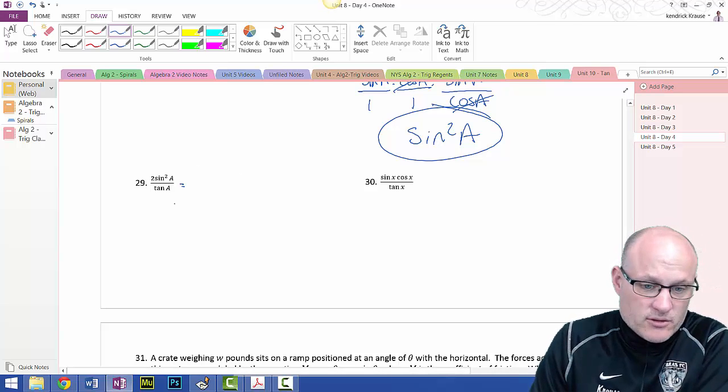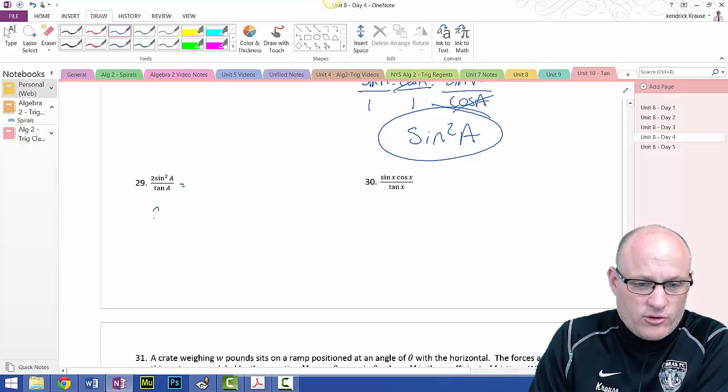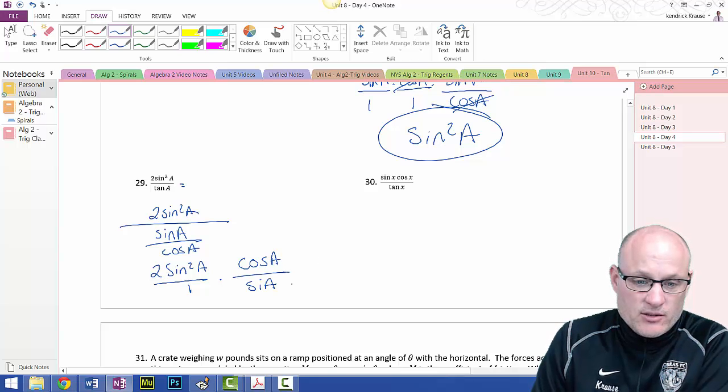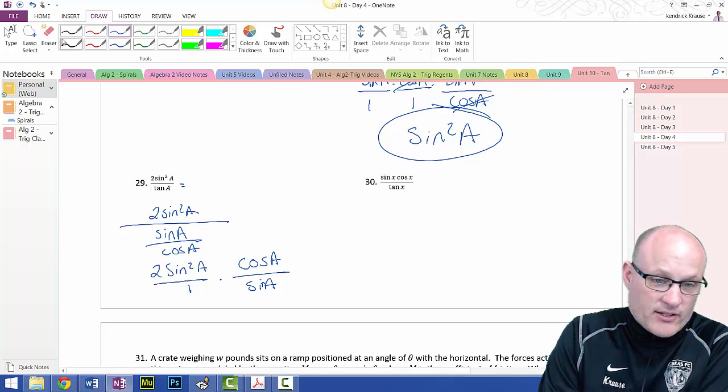Okay, whatever. So this is really 2 sine squared A over sine A over cosine A. And then we're going to flip and multiply. So this is 2 sine squared A over 1 times cosine A over sine A. Well, it looks like the sine A's cancel.